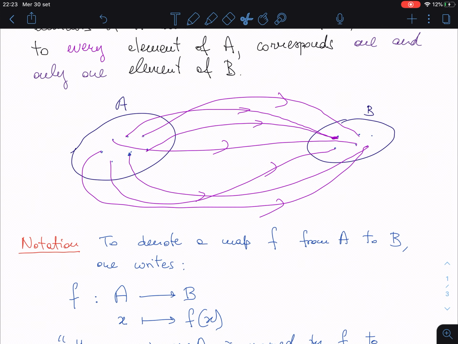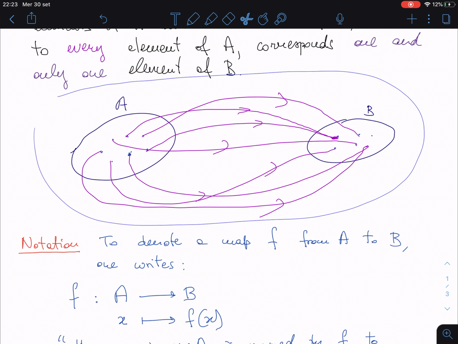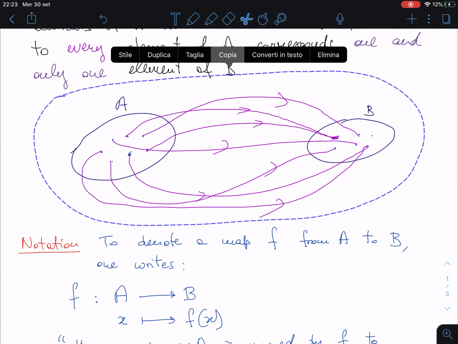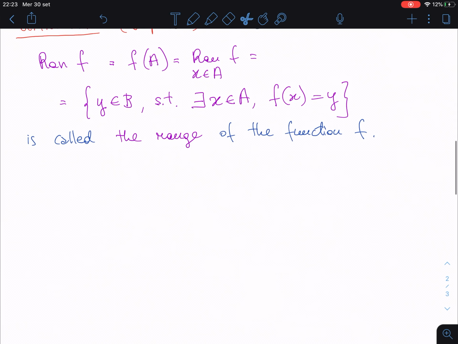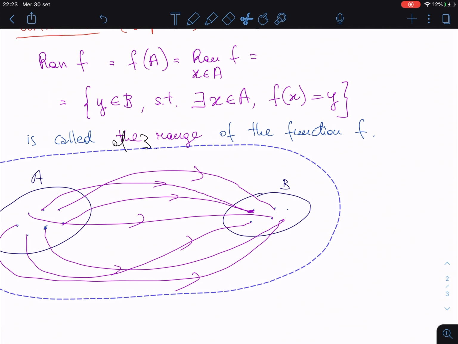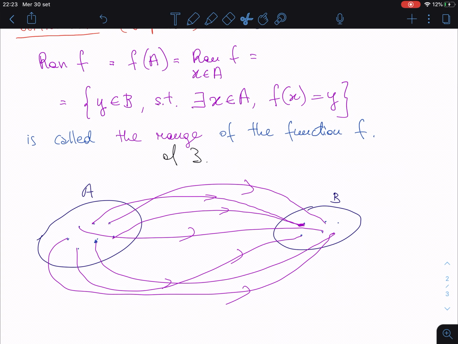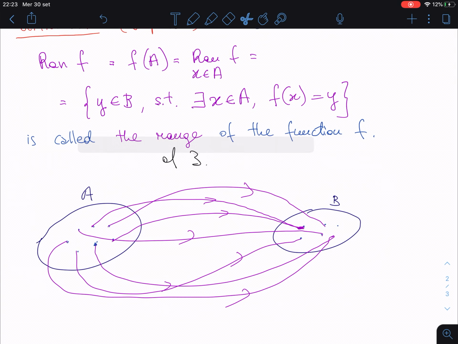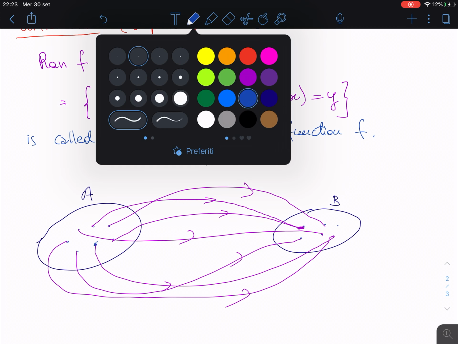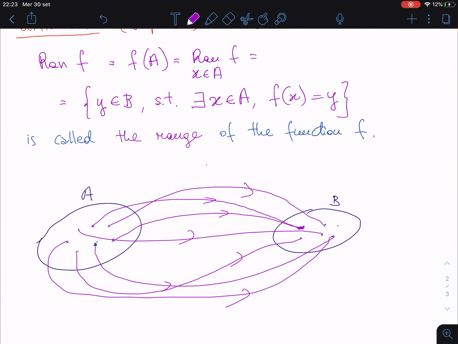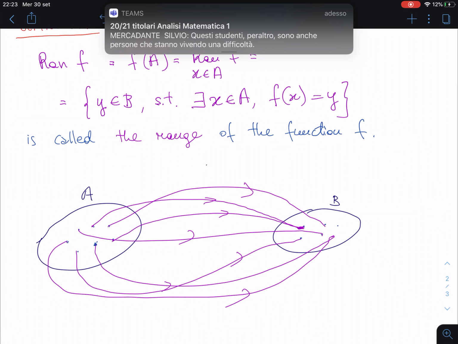So I will just move or copy this picture from here to here. Okay. Notice here this function. This is our f. And notice that, as I already highlighted, not all points of B are reached by an arrow.